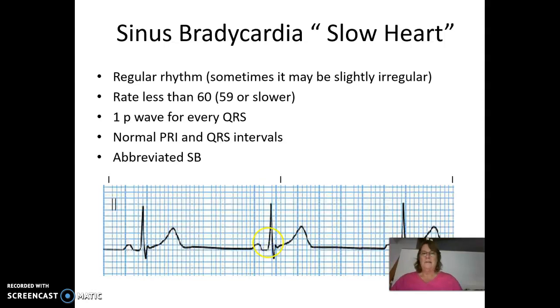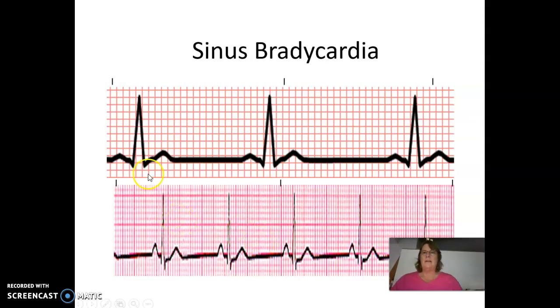Now, our next rhythm strip here, again, regular rhythm. R to R to R is regular. In 6 seconds, I have a rate of 30 again. I have a P wave for each and every QRS. PR interval looks like it is 1, 2, these boxes just don't look right.